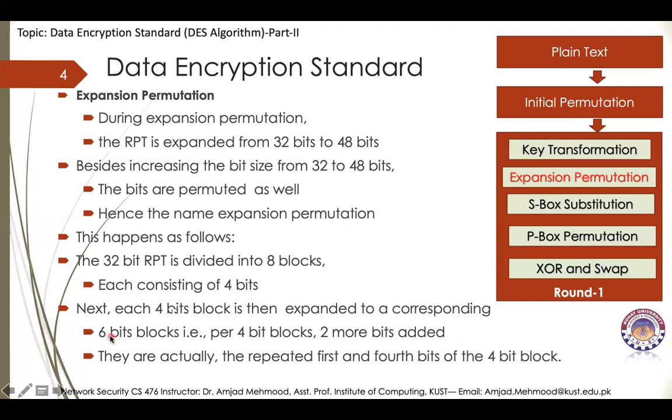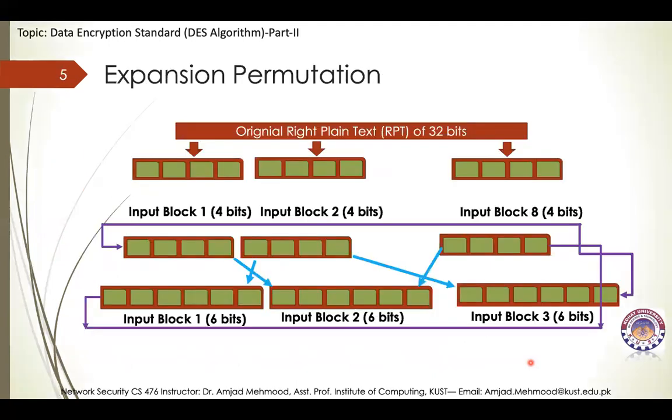So how will this be expanded? Per 4-bit block, 2 more bits are added. Definitely, if you are increasing from 4 to 6, you need to add two bits in each block. So they are actually the repeated first and fourth bit of the 4-bit block. So doing that, you will be converting each 4-bit block to a 6-bit block.